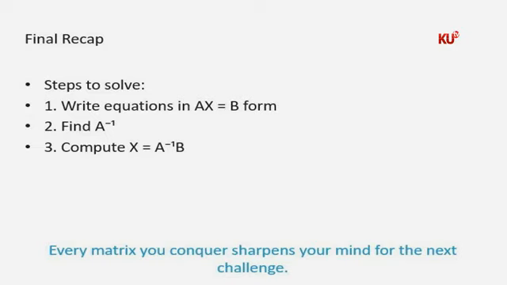Then we've also learned how to get the inverse of a matrix, that is A inverse. Then finally we've learned that to get the unknowns, you simply pre-multiply the inverse of a matrix times your constants on the other side. That gives you the solution.